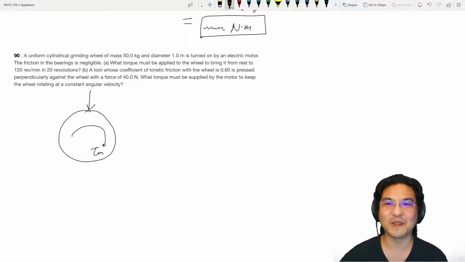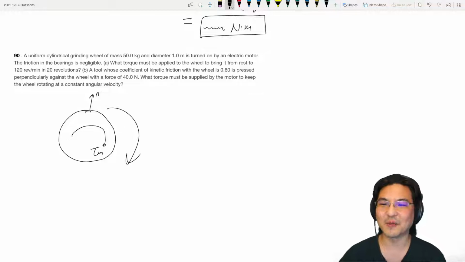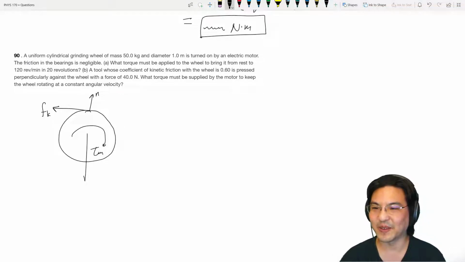If we press down on the grinding wheel, Newton's third law, there would be an equal and opposite force. So there would be a normal force normal to the surface, and then there would be friction. If the wheel is rotating this way, then the friction would be opposing the motion like this, kinetic friction. Technically, the grindstone has weight, right? So there would be weight.